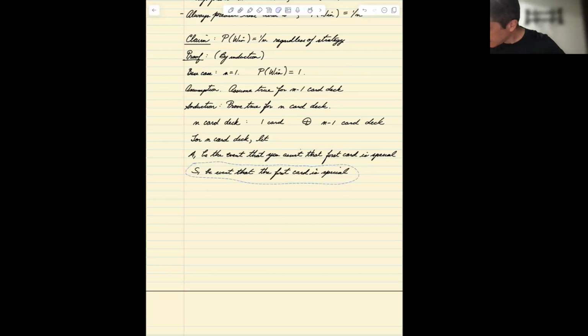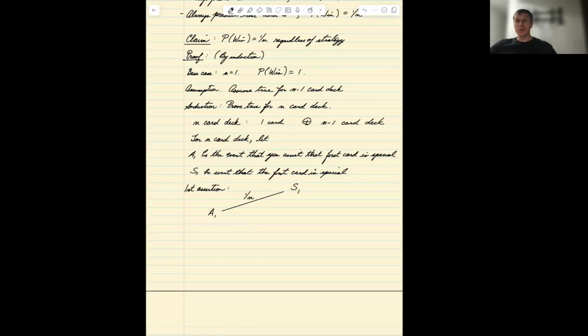Okay. So then what we're going to do is say, first assertion can either be A1 or A1 complement. If it's A1, then we're saying that the first card is special, and we're going to win only in the event that the first card actually is special.